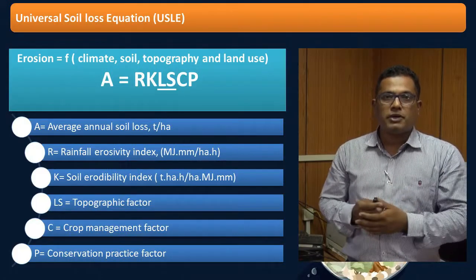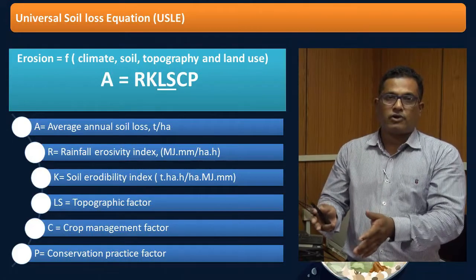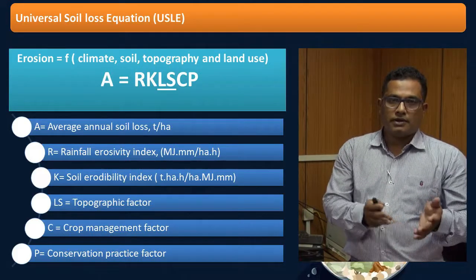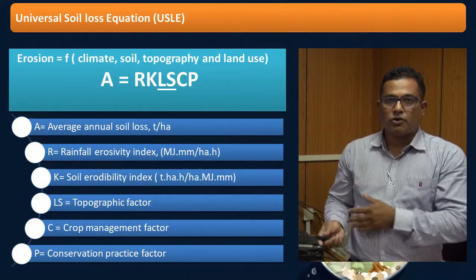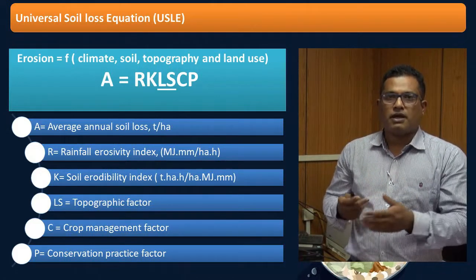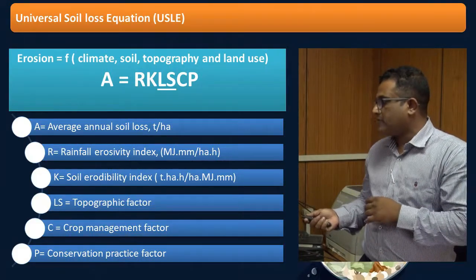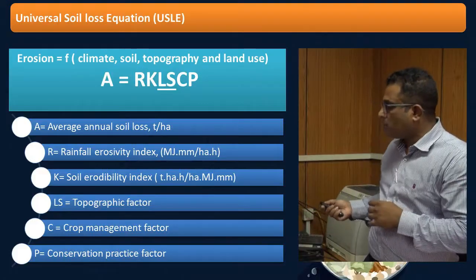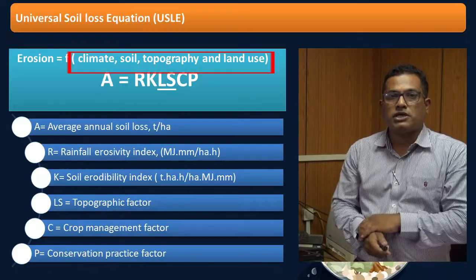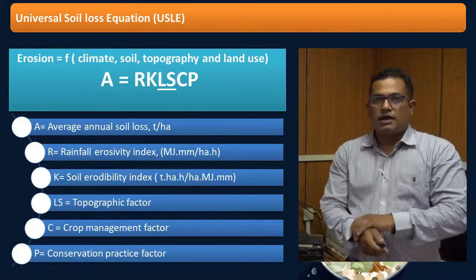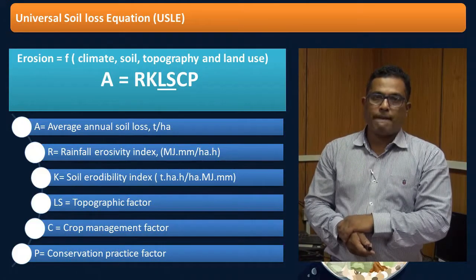By land use we mean how the land is being used. Is it for agriculture? If it is for agriculture, is it in a mild slope area, or is it for a particular set of crops, or is it for a particular case of bushes. So based upon these factors which affect soil erosion, this universal soil loss equation has been derived, which is given by A is equal to RKLSCP.